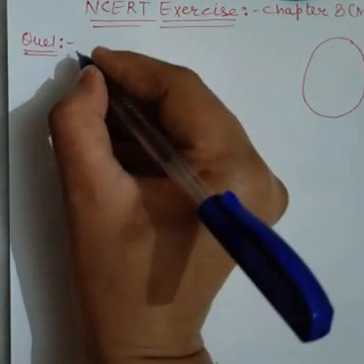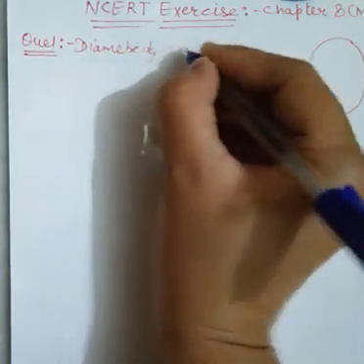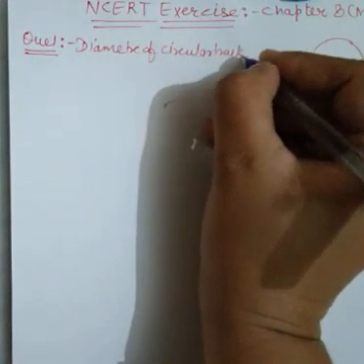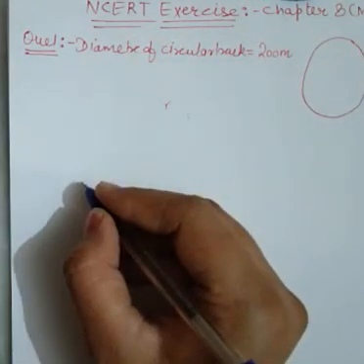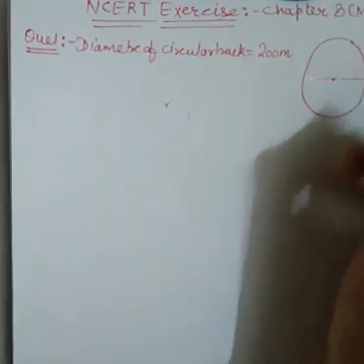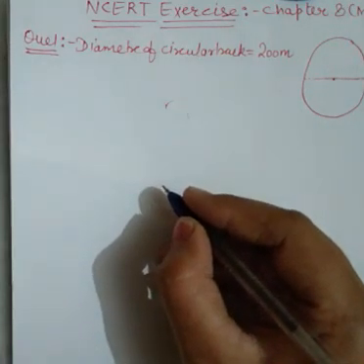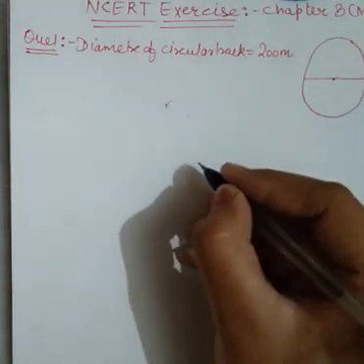It means the diameter of the circular track is given to us as 200 meter. If this is the center, it will be the diameter, given to be 200 meter. The athlete completes one round in 40 seconds.